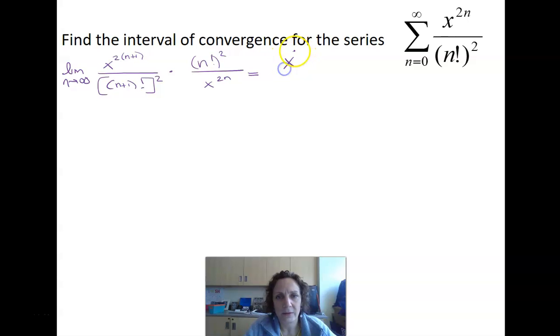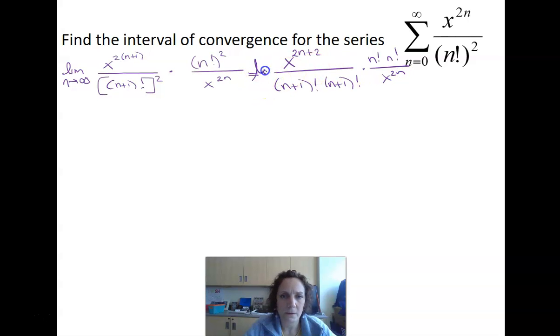So this is x to the 2n plus 2 over n plus 1 factorial times n plus 1 factorial, and this one is n factorial times n factorial over x to the 2n. And of course, it's still the limit, and of course, it's absolute values.